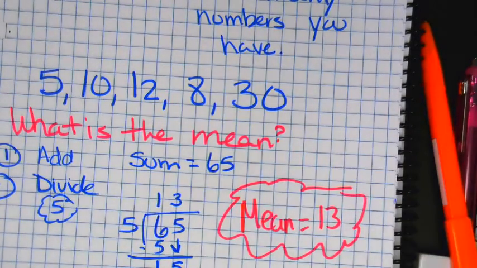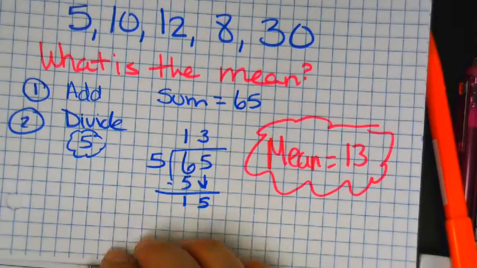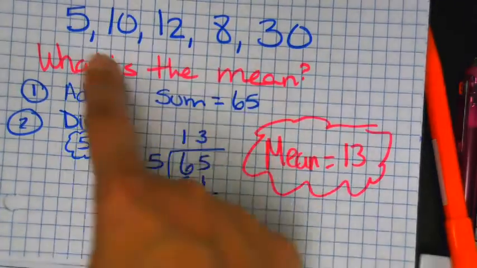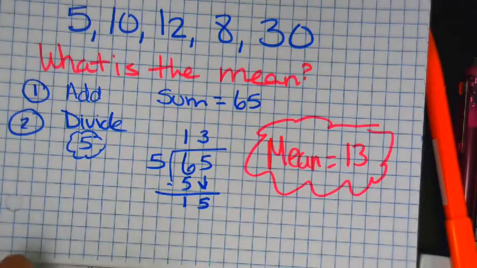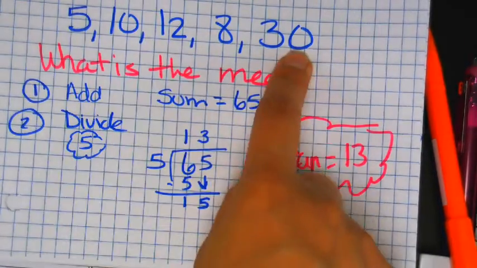And so does 13 look like these numbers that are here? It doesn't have to be exactly one of those numbers, but it has to fit in those numbers. Does 13 fit in those numbers? You have some small numbers, 10, 12, and then a really big number over here.